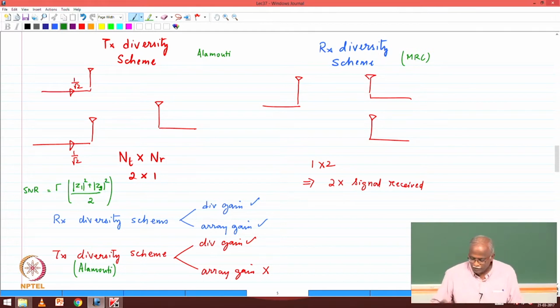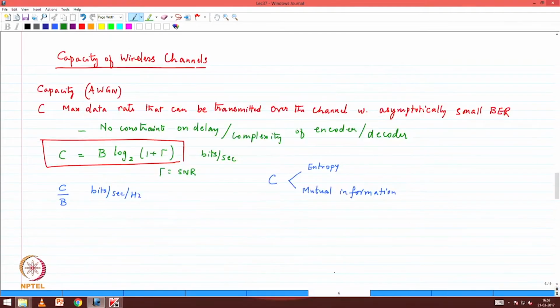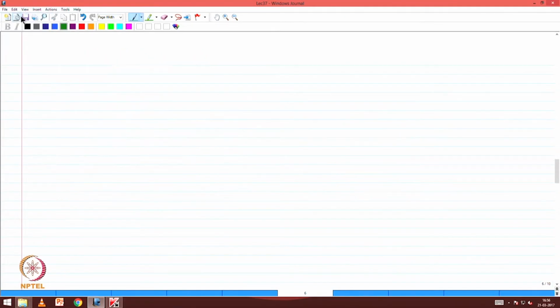And maybe there is a simple way of visualization which I thought might be helpful for us to look at. Let me just add a new page. So this is the traditional receive diversity scheme.